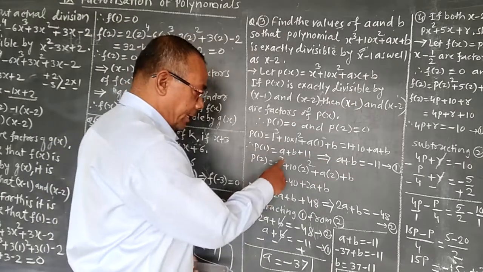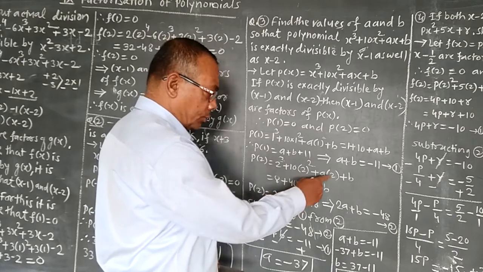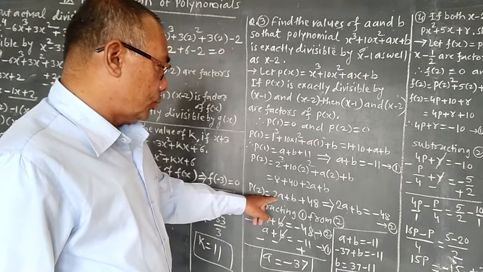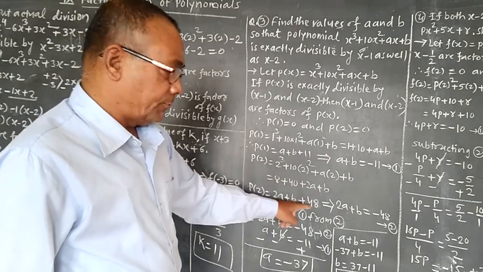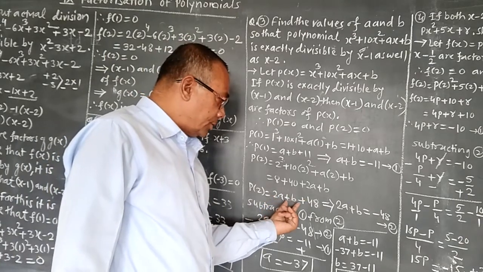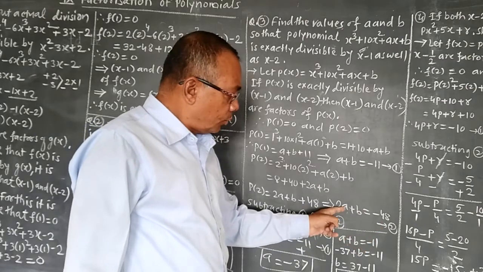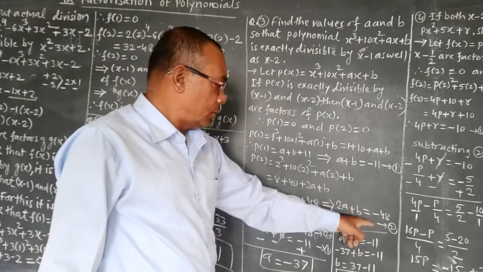So 2 cube is 8, plus 2 square is 4, 4 tens are 40, plus 2a plus b. Or p(2) is equal to 2a plus b and 40 plus 8, it will be 48, and therefore 2a plus b is equal to, plus 48 will become minus 48. So 2a plus b is equal to minus 48. That is equation number 2.